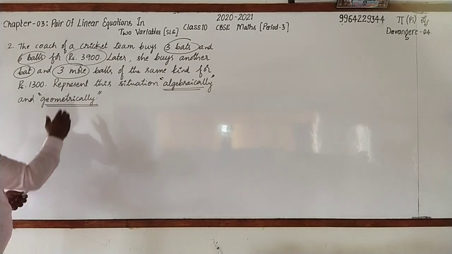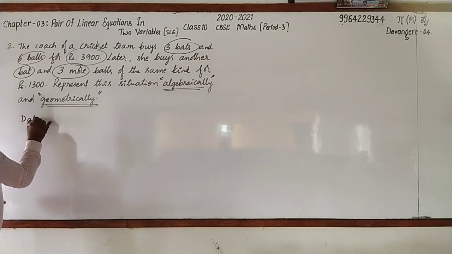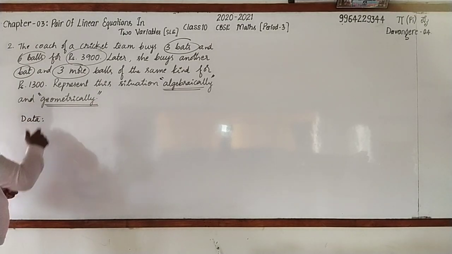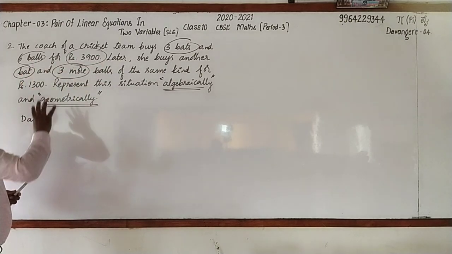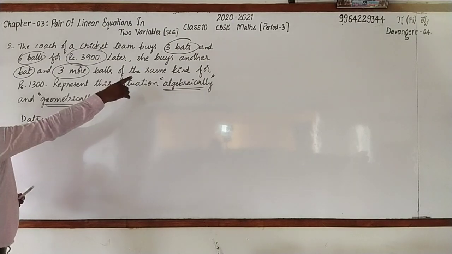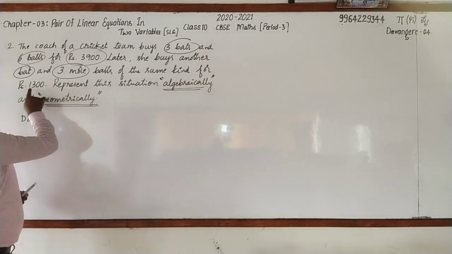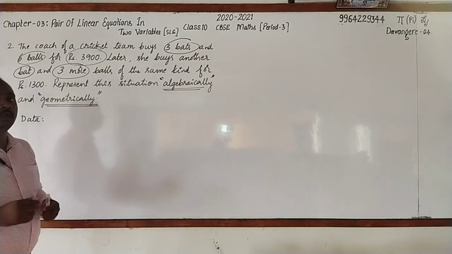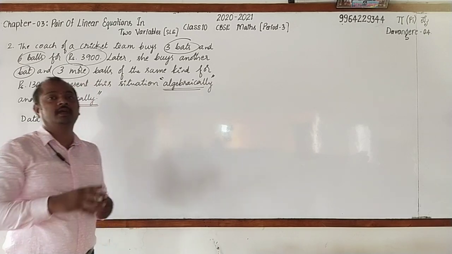First, let us convert this into equations. Here, we shall go through the given statement once. The coach of a cricket team buys 3 bats and 6 balls for rupees 3,900 and another bat and 3 more balls of the same kind for rupees 1,300. Here, we do not know the cost of a bat and a ball.